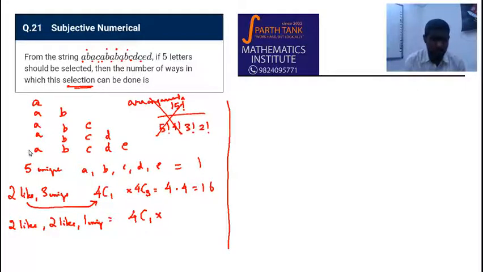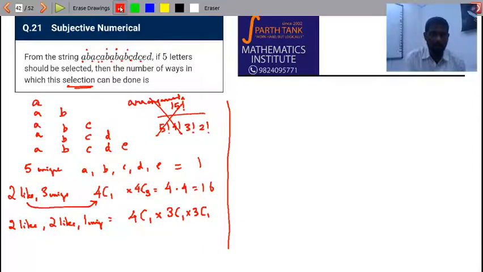Imagine I have taken 2 A's, then I can only take 2 B's or 2 C's or 2 D's. So that would give me a 3C1, and the remaining 1 letter, if I have chosen A and B, from the other 3 I can choose 1. So that is 3. Right? 2 like and 1 unique.